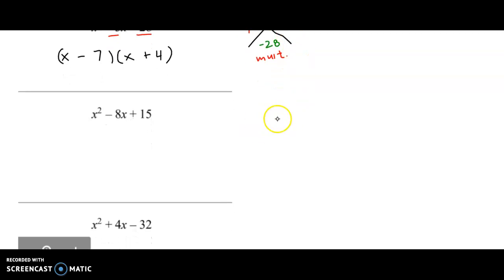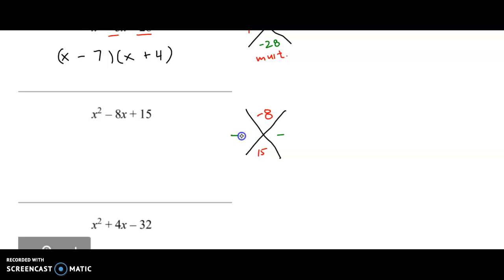So the same idea applies here. Middle term up at the top, negative 8. Bottom, or the last term, 15 down here. So what multiplies to 15 and adds to negative 8? Now you've got to be careful with signs, because if it multiplies to a positive and adds to a negative, that must mean that my numbers are both going to be negative.